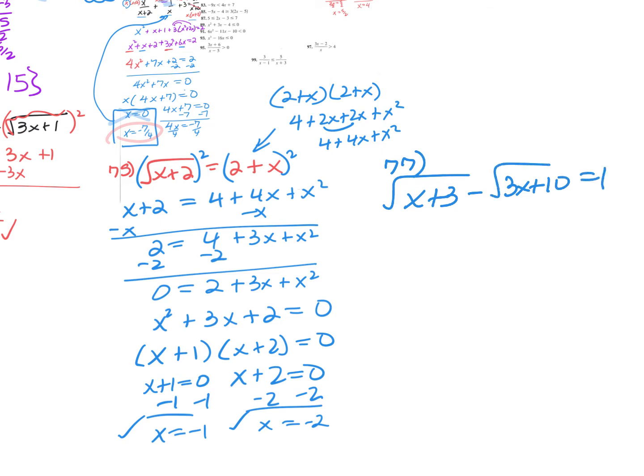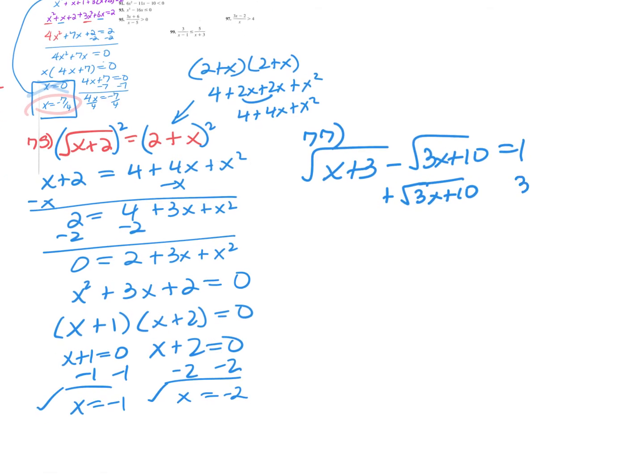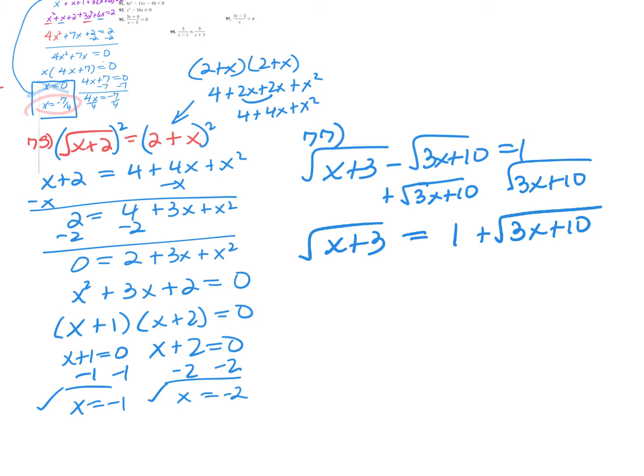Now, whenever you're solving this, I can't just square each piece. I've got to isolate one of the radicals. Doesn't matter which. So I'm going to go ahead and add the square root of 3x plus 10 to the other side. So then it's left with the square root of x plus 3 equals 1 plus the square root of 3x plus 10.